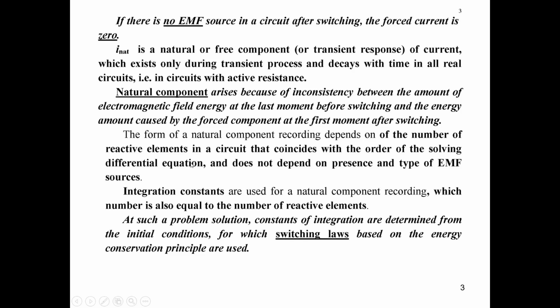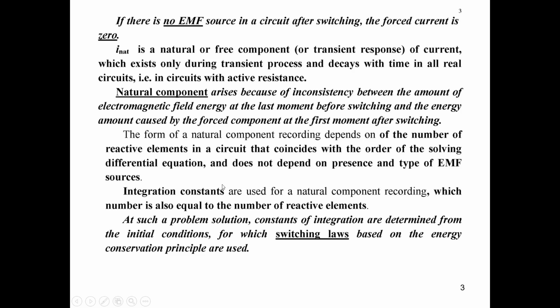And this natural component does not depend on the type, character, presence or absence of the electromagnetic field source. You should remember it. It does not matter what source will be connected, DC, AC, or no source will be connected or disconnected during these switching processes.